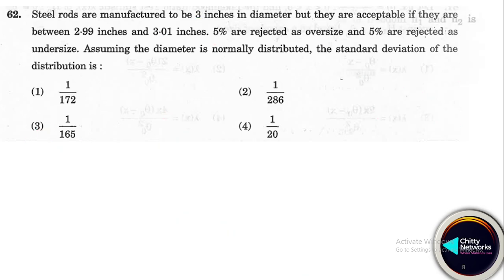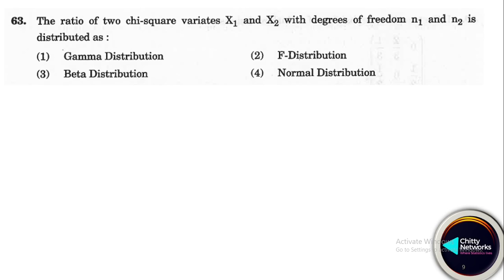Next, question number 63. The ratio of two chi-square variates with respective degrees of freedom n1 and n2 is distributed as. So this is a direct question. Previous to this, if x follows normal distribution with mean mu and variance sigma square, then (x minus mu) by sigma, we will call it z.